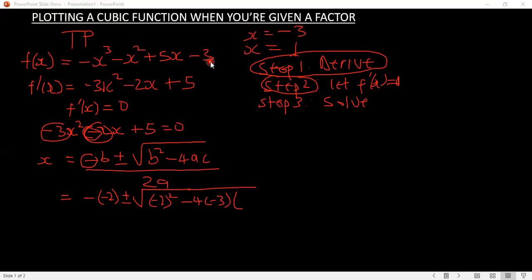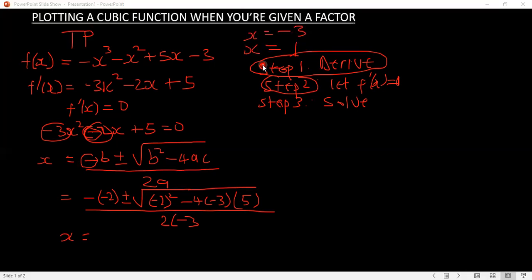Then c is positive 5, all over 2 times negative 3. So x will be equal to... just press your calculator. When you press that on the calculator, it will be negative 2 times 5, negative 3 times 5 and minus 6.